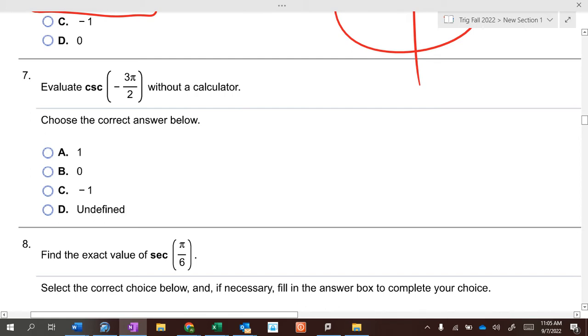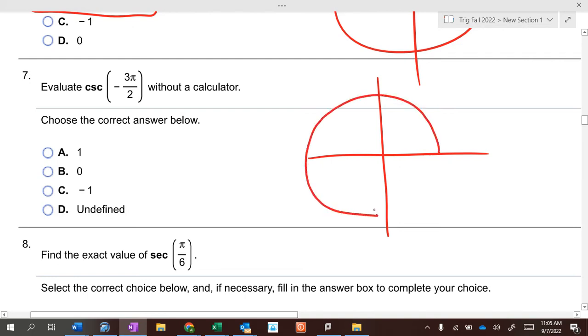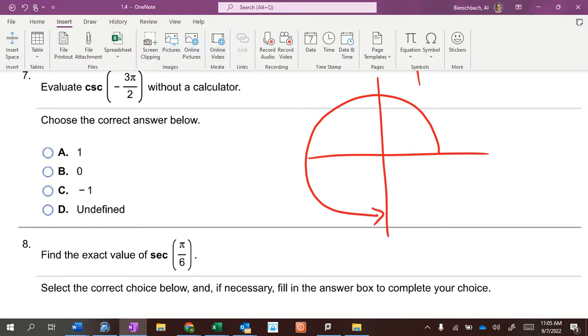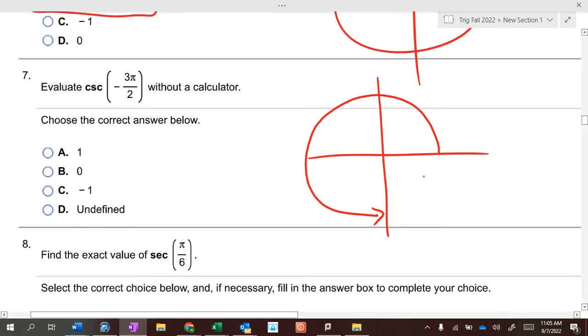All right. Cosecant of negative 3 pi over 2. Okay. Normal 3 pi over 2 is right to there, right? So if we're going at a negative 3 pi over 2, we go boom, right there. What's the same place as negative 3 pi over 2? Pi over 2, which is the same as how many degrees? 90 degrees. We're at the 90 degree mark on your unit circle.